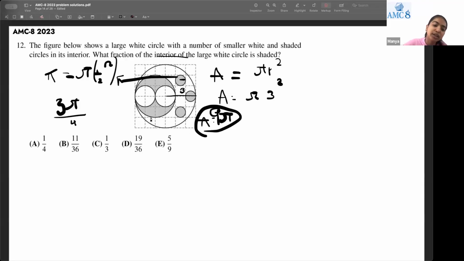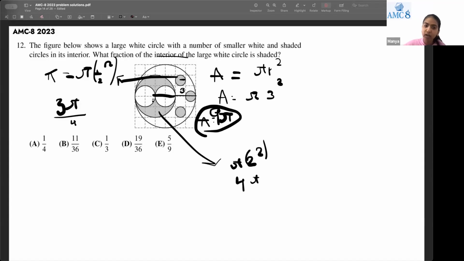And now we need to find the area of the shaded circle minus these 2 smaller white circles. So the area of the large shaded circle would be equal to pi r squared. And the radius is 2, just half of the diameter. So pi times 2 squared, which will be equal to 4 pi.